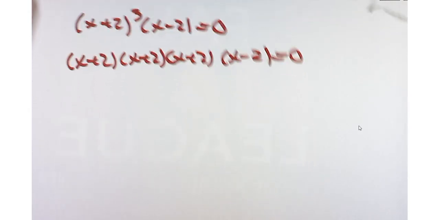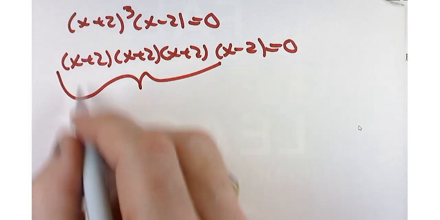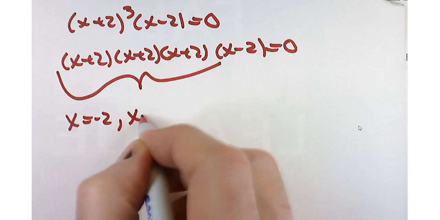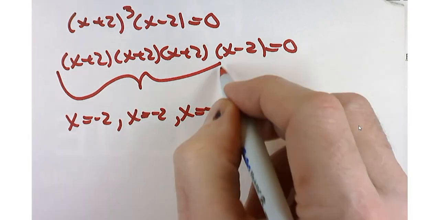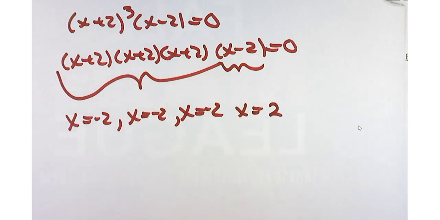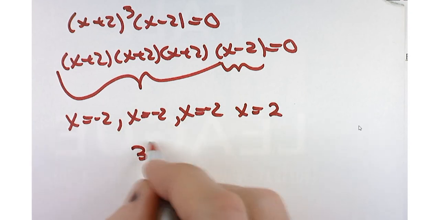So where does this actually equal 0? Well, x could equal negative 2, or x could equal negative 2, or x could equal negative 2. And one last one, x could equal 2.